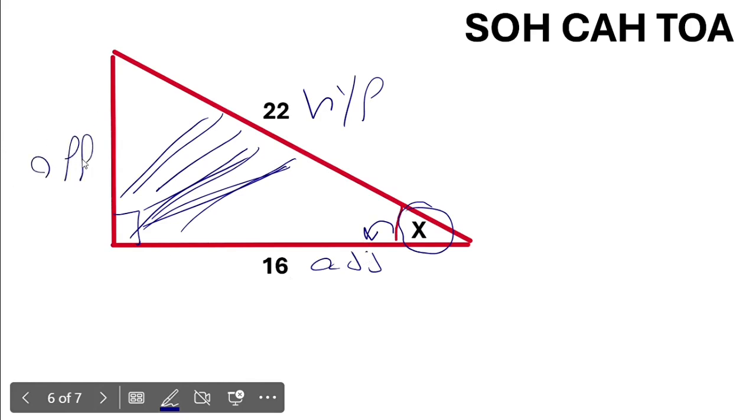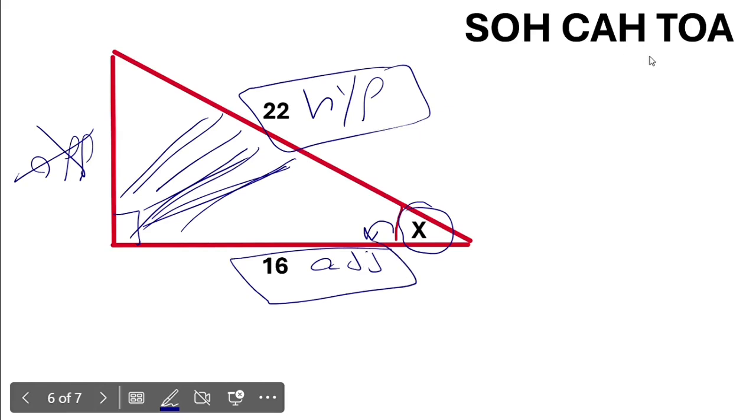Opposite is unknown, we don't want it, and I have hypotenuse and adjacent. We use CAH because I have adjacent and I have hypotenuse.